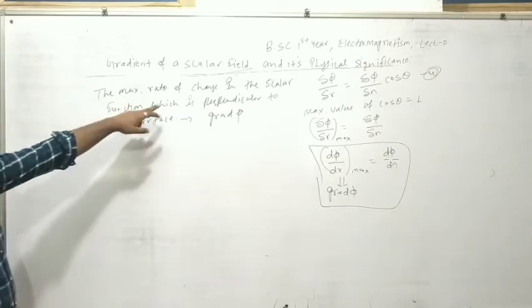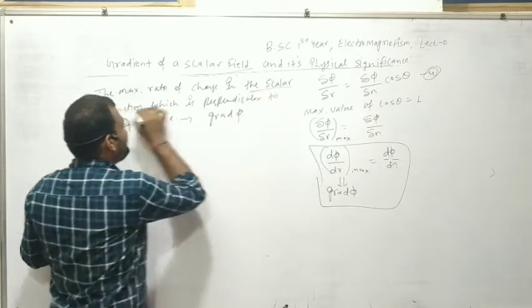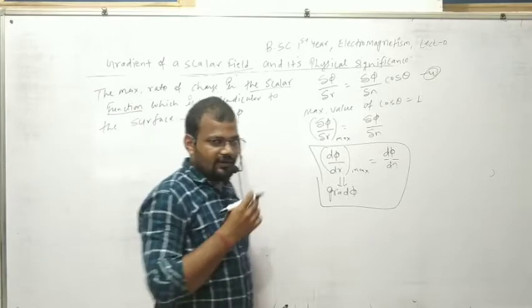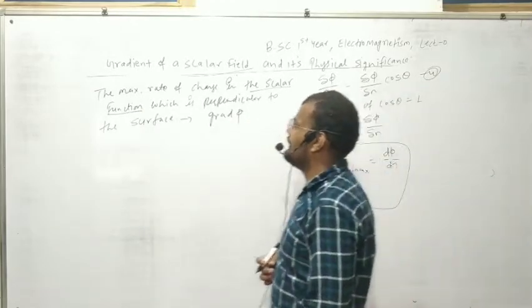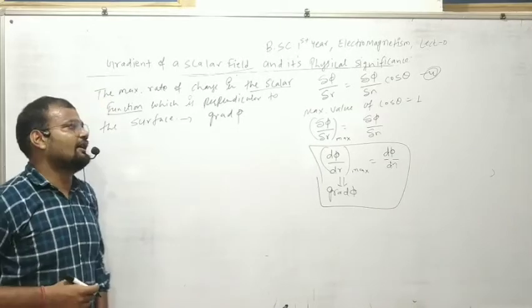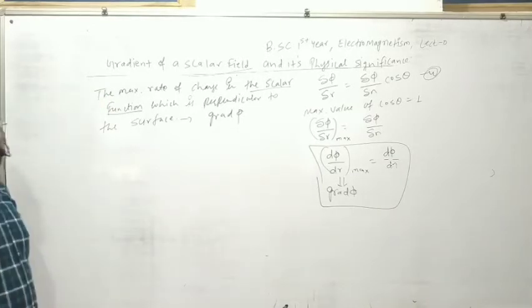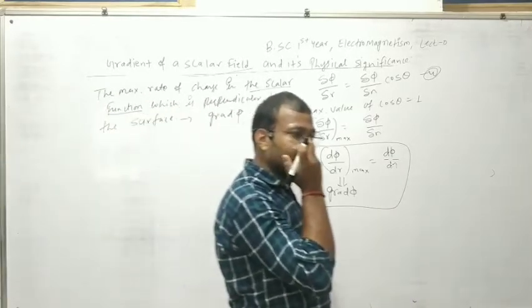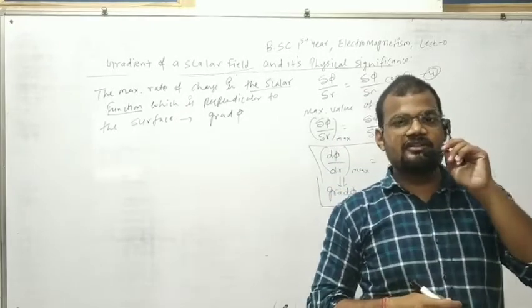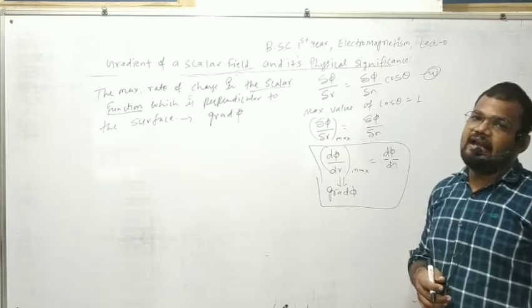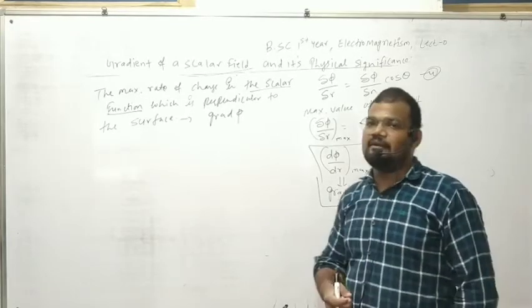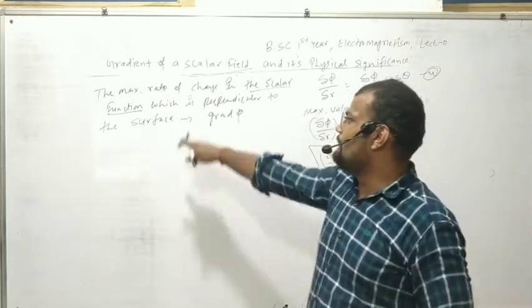The maximum rate of change in the scalar function will be your gradient phi. Okay. So this will be your definition of the gradient phi. Gradient phi means how much the function is changing in the perpendicular direction, and that change should be maximum.